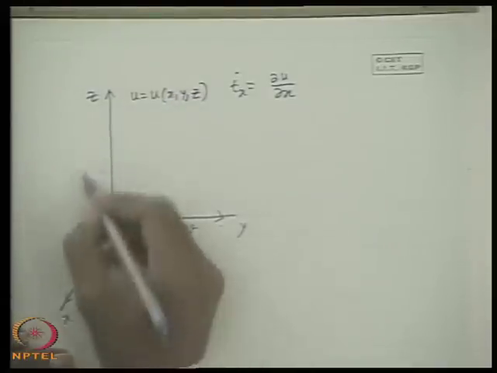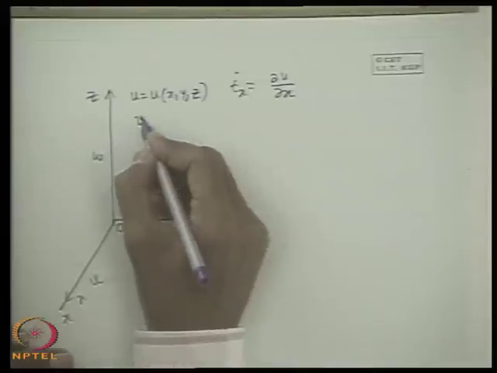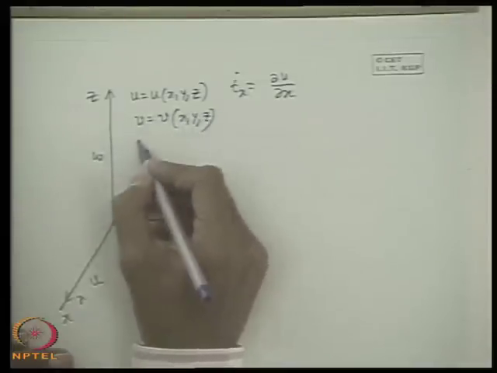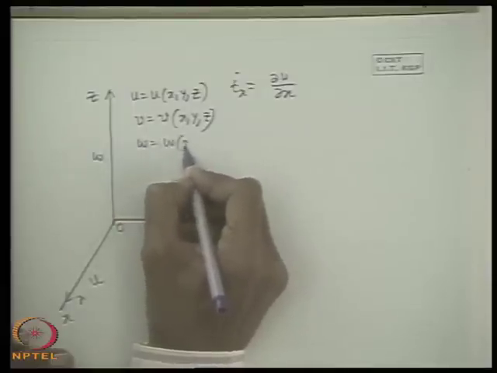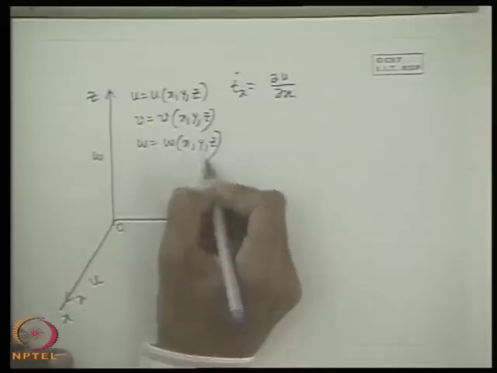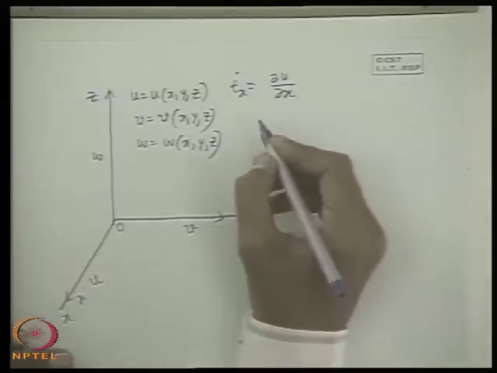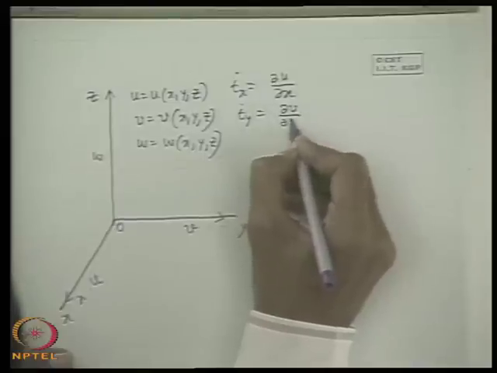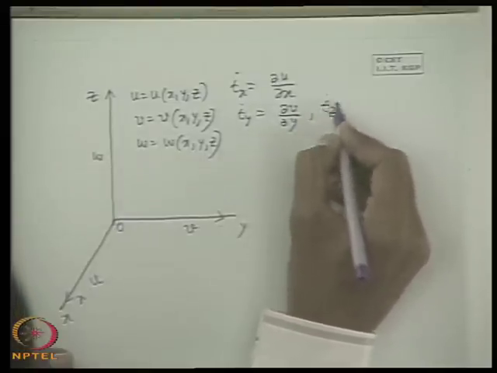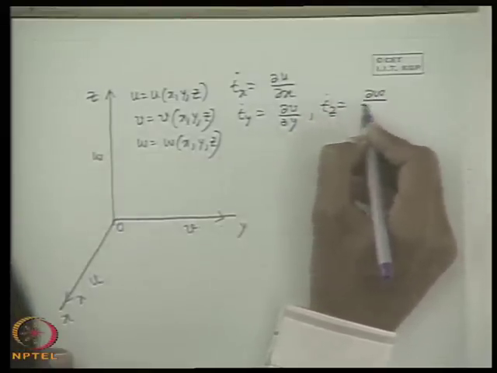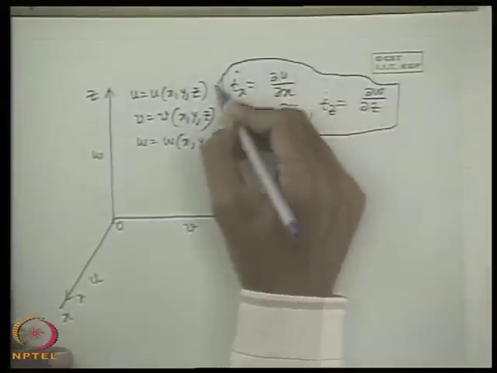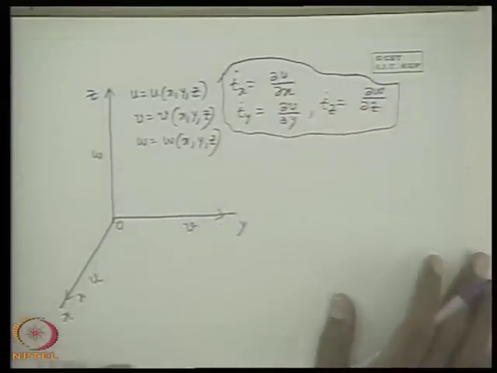What is v? Y component. What is w? Z component. So v is a function of x, y, z, and w is a function of x, y, z. Now epsilon dot x is del u del x, epsilon dot y is del v del y, and epsilon dot z is del w del z. This defines the linear strain rates in 3 directions. That means 3 sides elongate in this way.